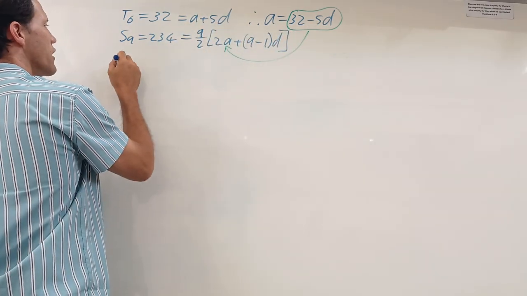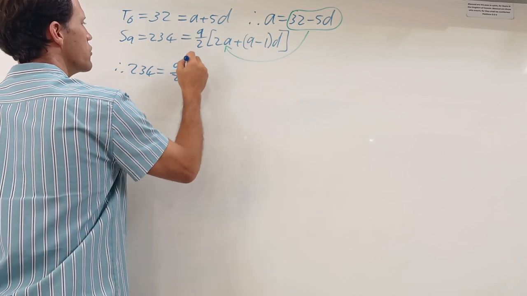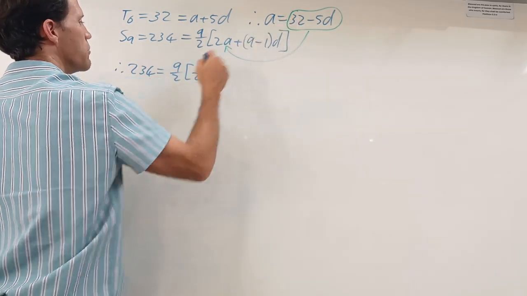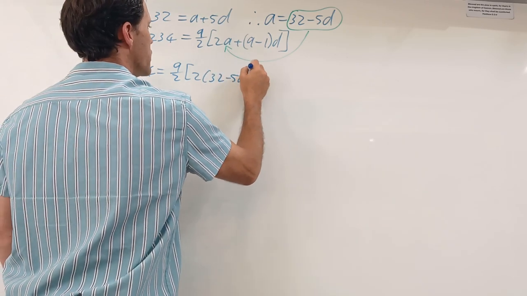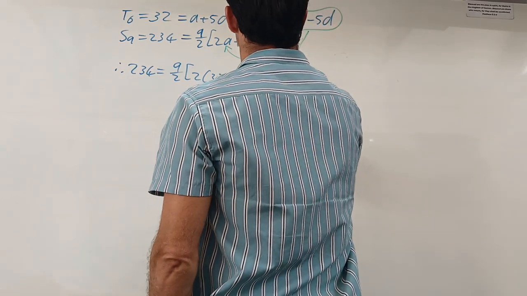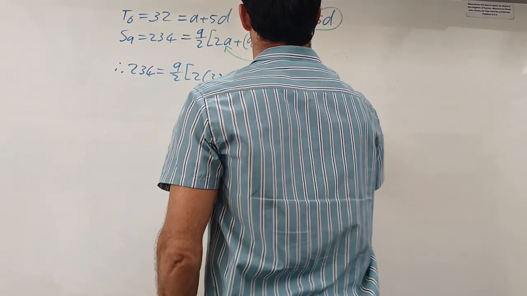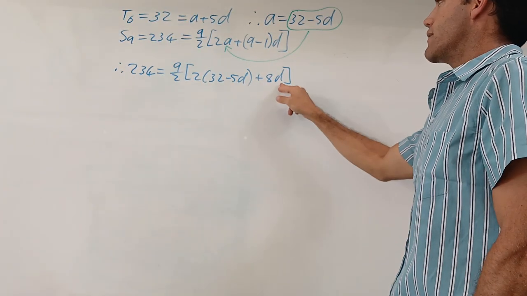So we're going to say therefore 234 is equal to 9 over 2, and then a becomes 32 minus 5d, substitute, and then plus 8d. So the 9 minus 1 is 8, so it's 8d.